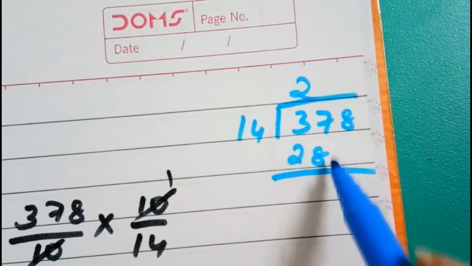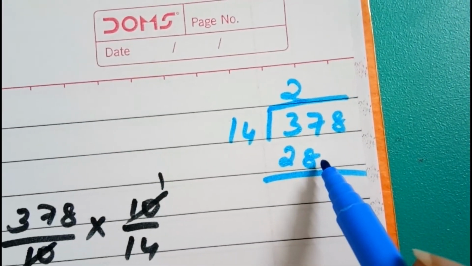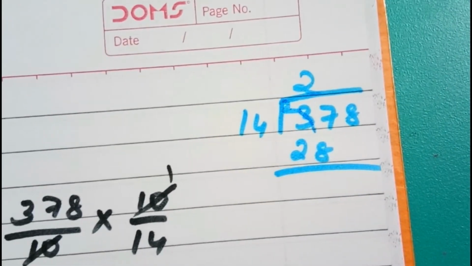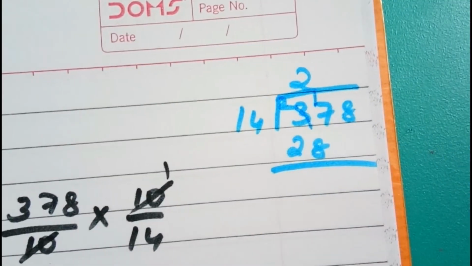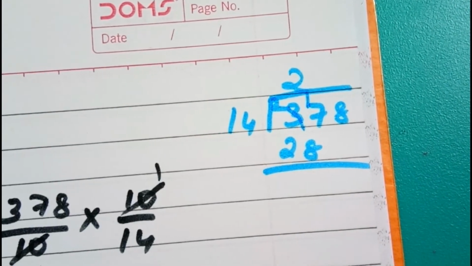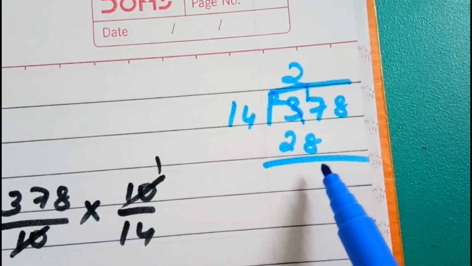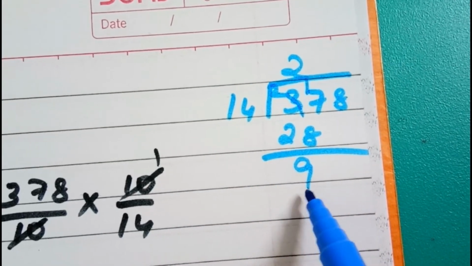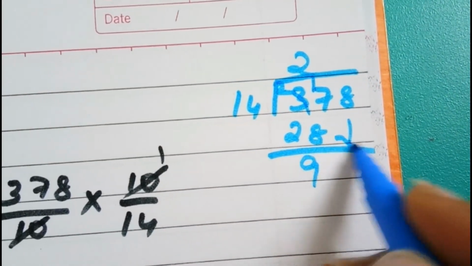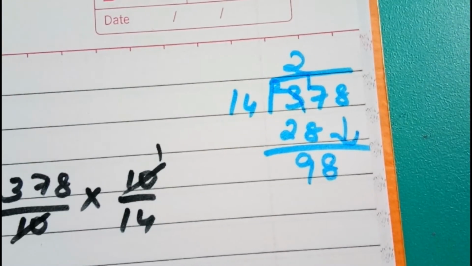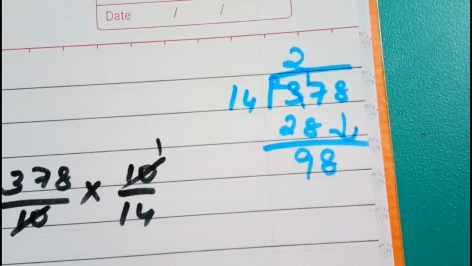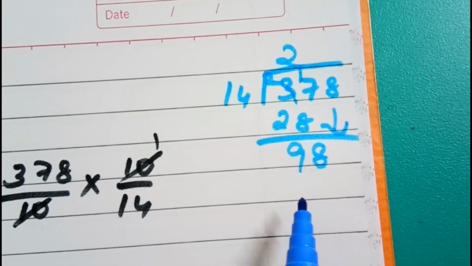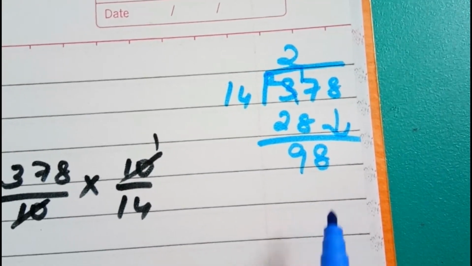Since 7 is less than 8, we have to borrow from here, so 3 will become 2 and here 7 will become 17. 17 minus 8 is 9. Now since 9 is less than 14, we will bring down this 8. It will become 98. Now let's calculate how many times 14 goes in 98.